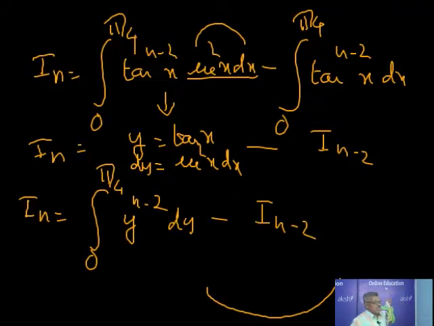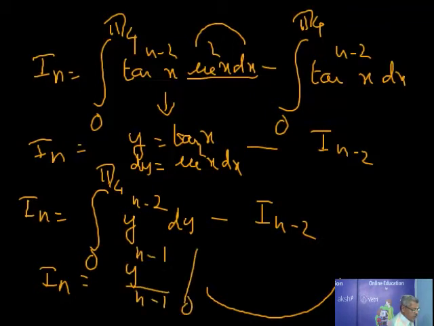So the only thing is, we are having a very simple integral. Anybody can integrate this. Integrating y power n minus 2, plus 1, we get y power n minus 1 by n minus 1 with limit 0 to pi by 4. Whenever you give a substitution, I told you to change the limits: when x is 0, y is 0.